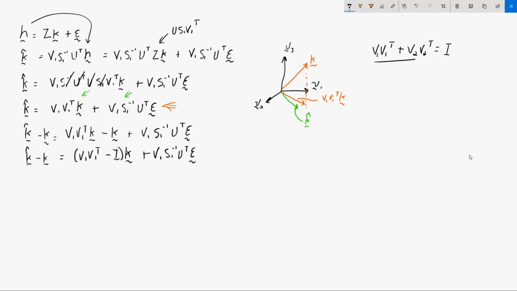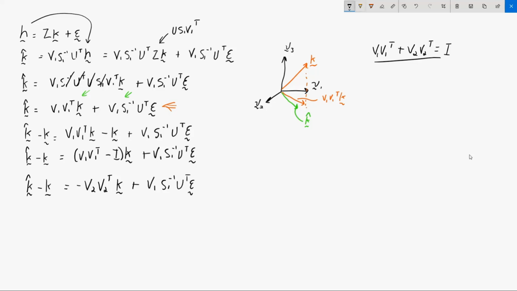And if I make this substitution, I obtain k hat minus k equals minus V2 t k plus V1 S1 negative 1 U t epsilon.